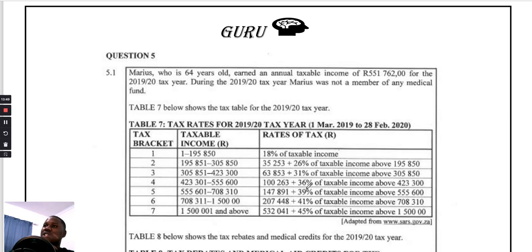The taxable income is 551,762 rand for the 2019 and 2020 tax year. During the 2019-2020 tax year, Marius was not a member of any medical aid fund. Then the table below shows the tax table for the 2019 and 2020 tax year.